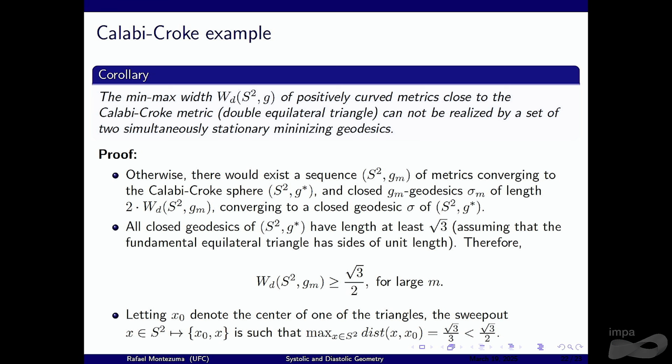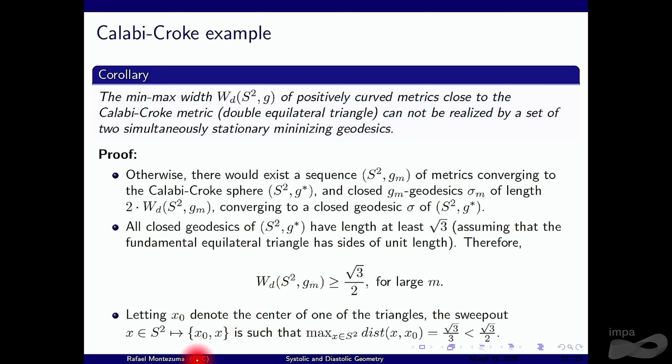On the other hand, there is a very simple sweepout which is better than that. You fix x0 to denote the center of one of these 2 triangles, and the sweepout is just the standard one with respect to this point. You take any point x in the sphere, in any one of the 2 triangles, and you map x to the pair x and x0.